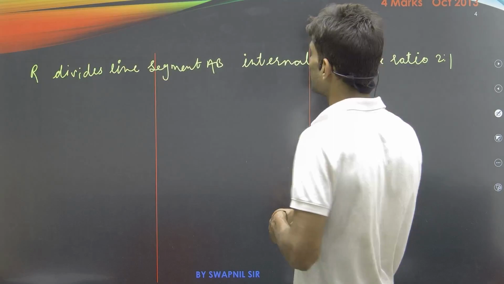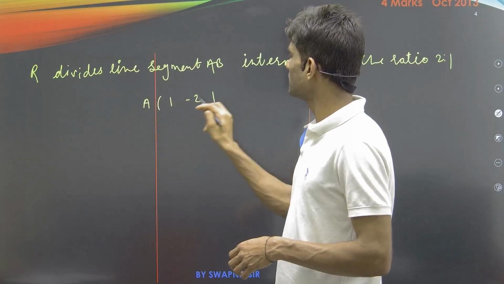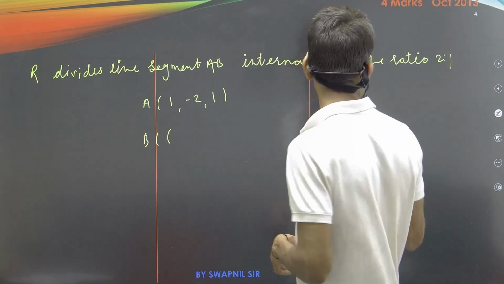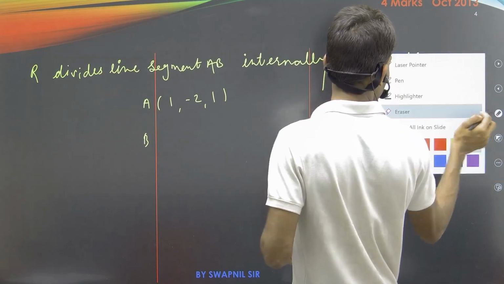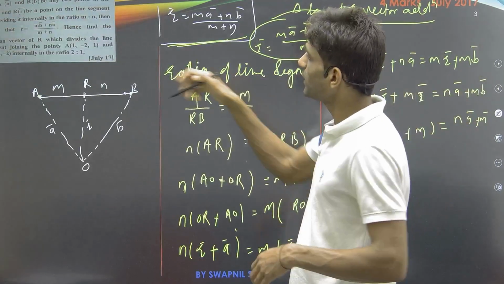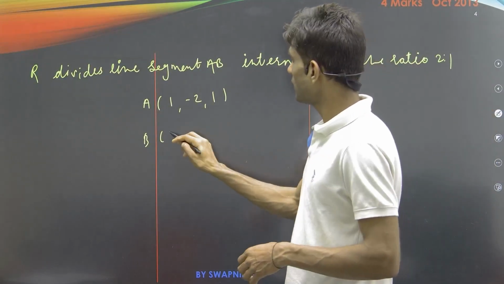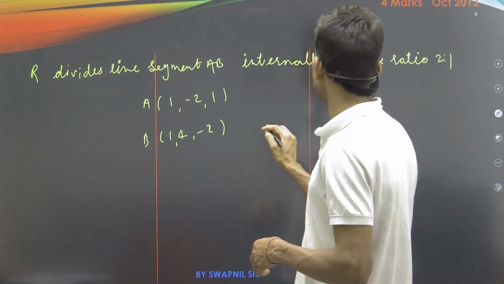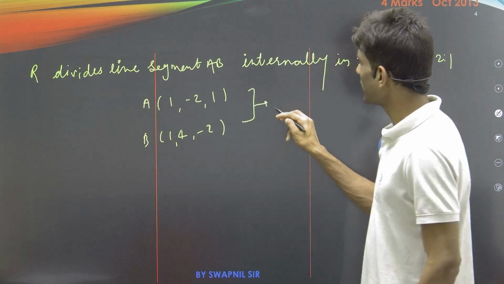A (1, minus 2, 1) and B vertices we have been given as (1, 4, minus 2), and r divides in the ratio 2:1.